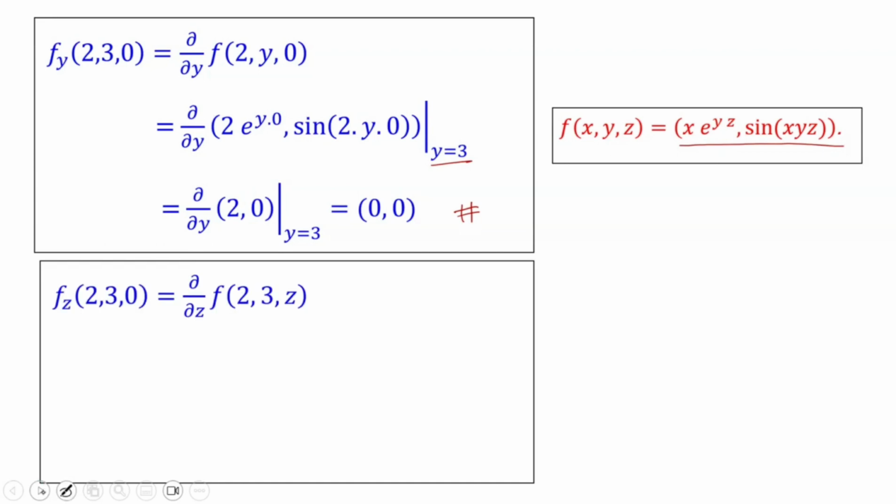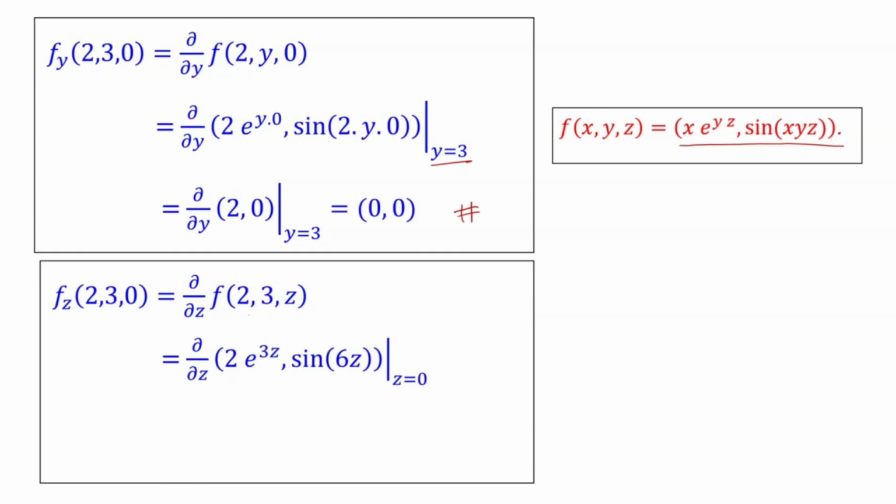Now move to the next question. The next part is the partial derivative with respect to z at (2, 3, 0). Now we differentiate with respect to z. So this is given as del z of (2 e to the power 3z, sine 6z), because if we put (2, 3, 0) here, x is 2, y is 3. So it will be 2 e to the power 3z, and then sine of 2 times 3 times z, which is 6z.